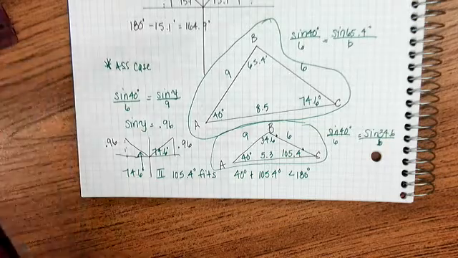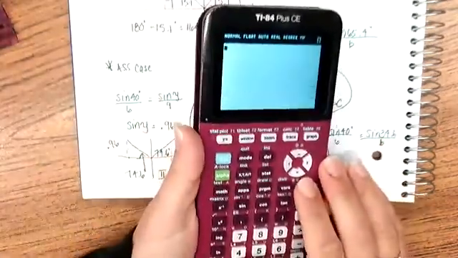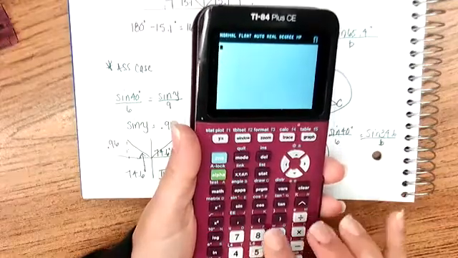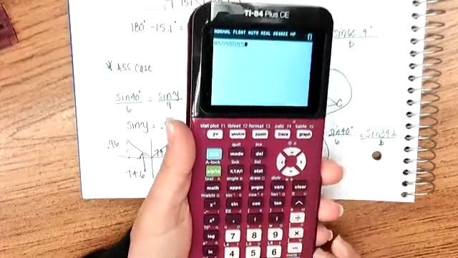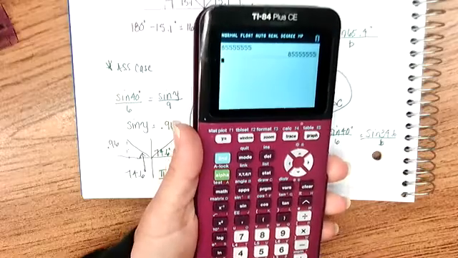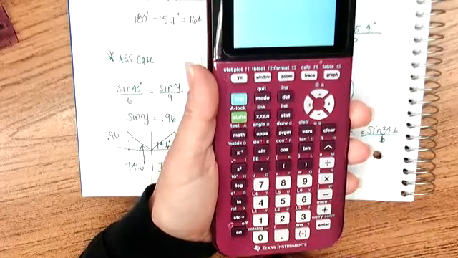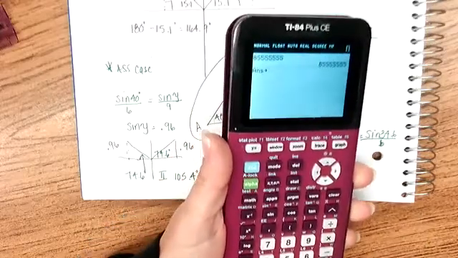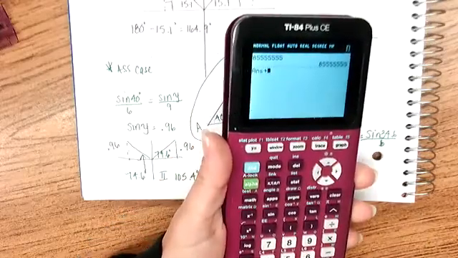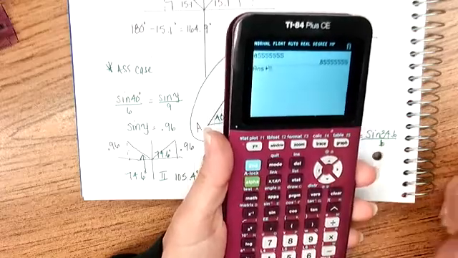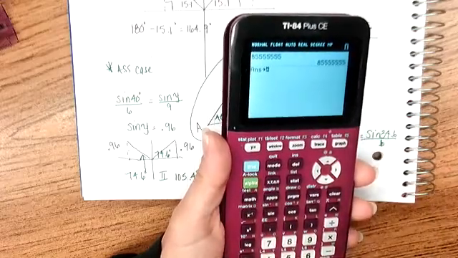Really quickly, if you've forgotten how to store in your calculator, I have some number, and I want to store it. STO key at the bottom, and choose where you want to put it. Whatever, alpha, which is underneath second, and choose a letter.